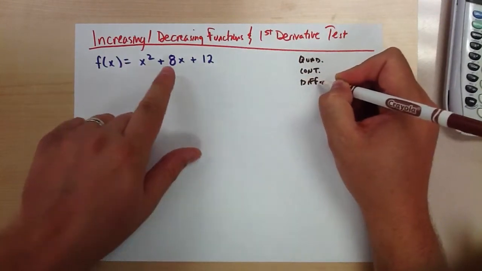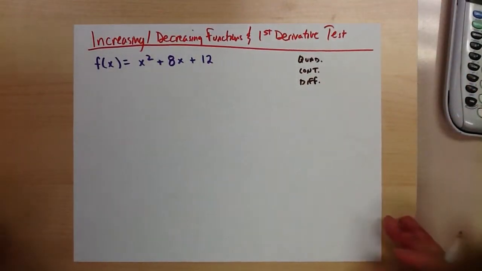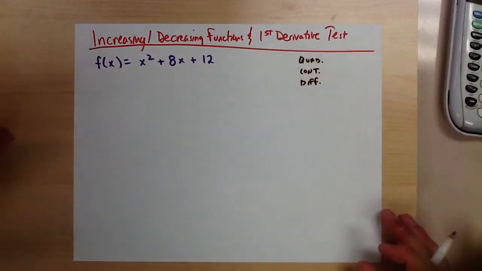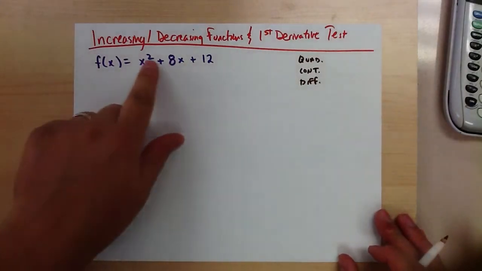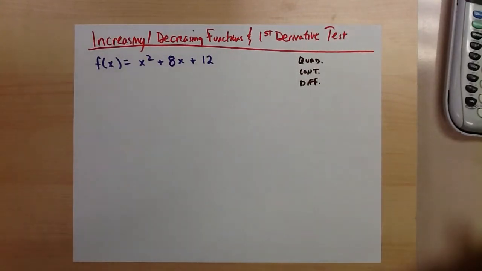So we know that this is a continuous and differentiable function, hopefully by just looking at it. There's no weird piecewise things. There's no jumps. There's no holes in the graph. No discontinuities. No asymptotes. Nothing crazy happening. This is a nice looking function. And because of that, I can do this first derivative test and find out the behaviors of the graph.